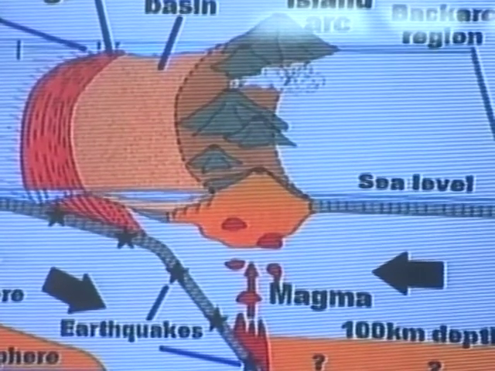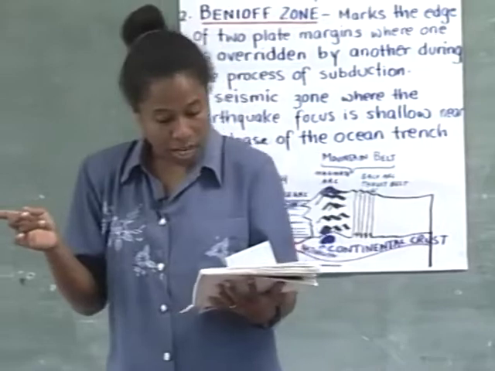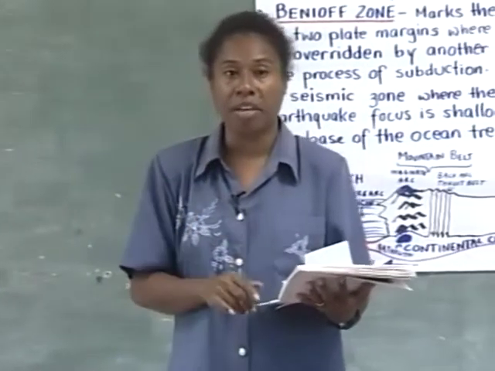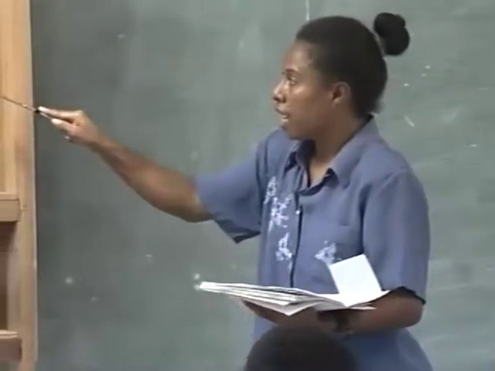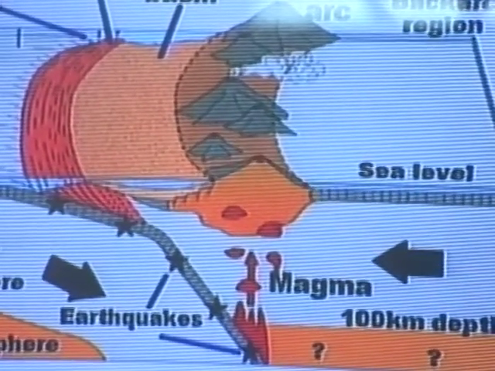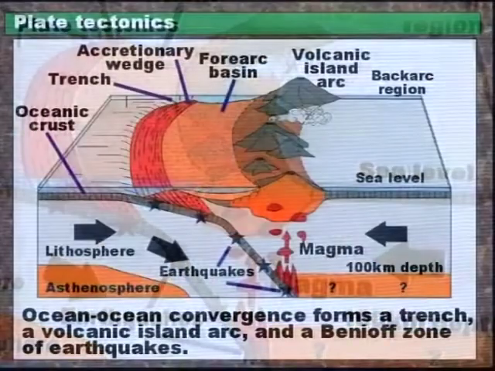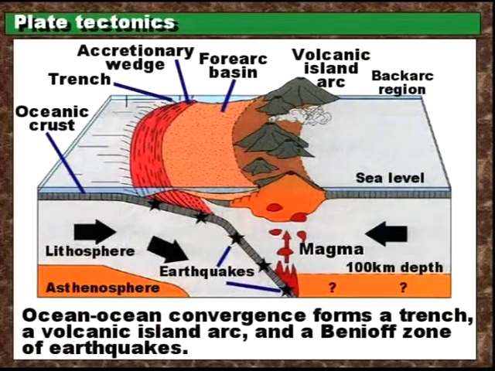Another important point that we need to make reference to is that the distance between those island arcs when they are formed and the trench can vary. So the distance between the trench and the island can actually vary. And what would contribute to the variation? We read on, it says, it will depend upon the subducting plate reaching the 100-kilometer depth.